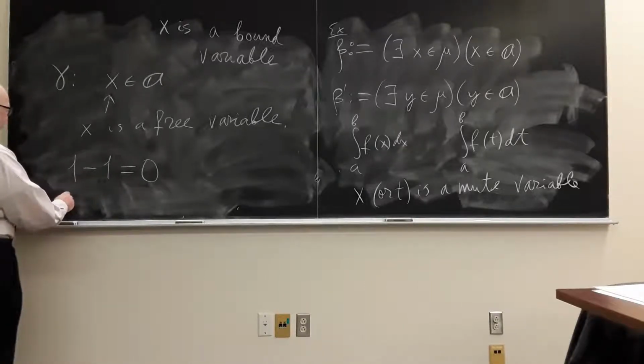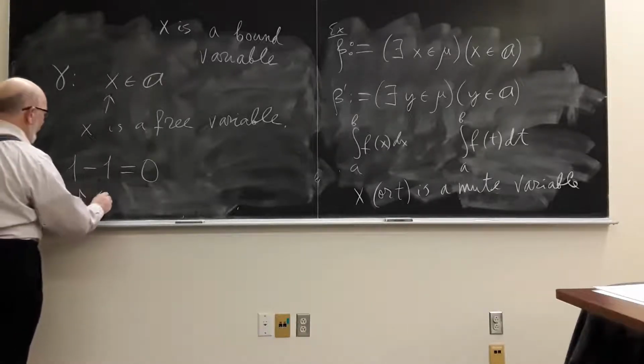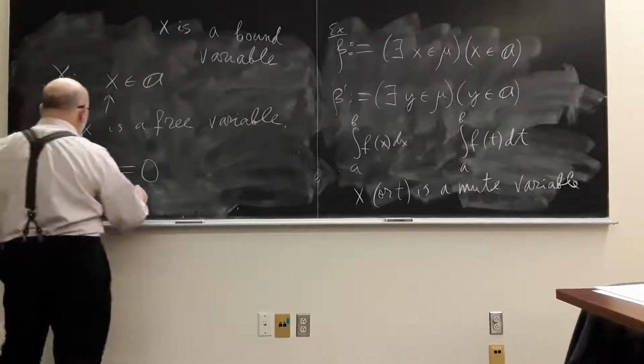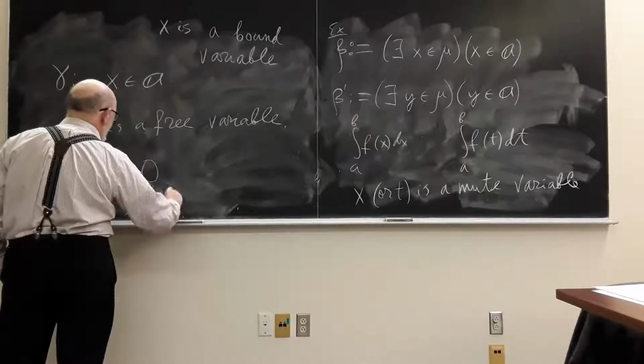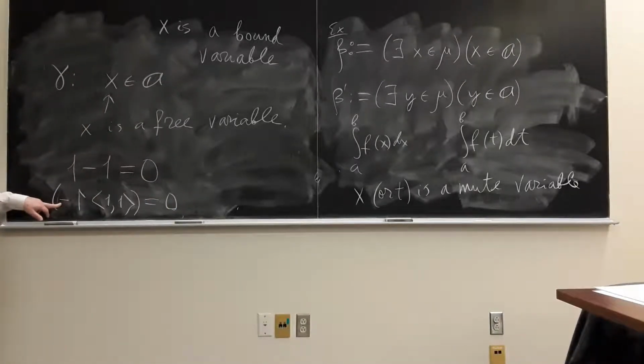Let me write it. Minus of 1, 1 is 0. So this is the object minus. What is minus?